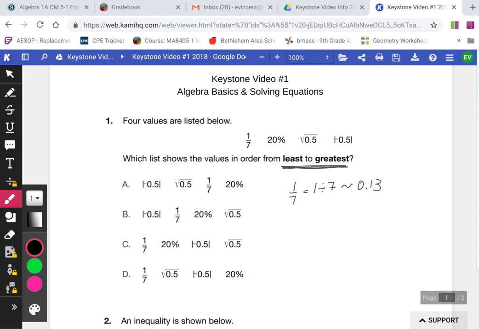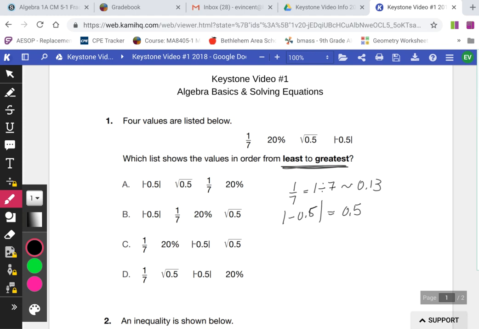That's a pretty small number. You can see that is the smallest number in 2 of these. The next smallest number we have is the absolute value of negative 0.5. Remember, we're just looking at how far from 0 it is. So this is 0.5, and that's actually bigger than 1/7.